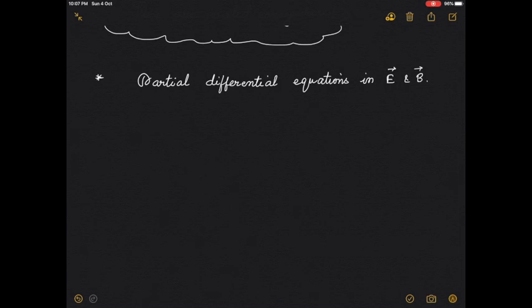Right? So if they are partial differential equations, what is the form of the partial differential equations? The partial differential equations have these forms: operator in the left hand side, on operating on the fields, and the right hand side I have what I call source.